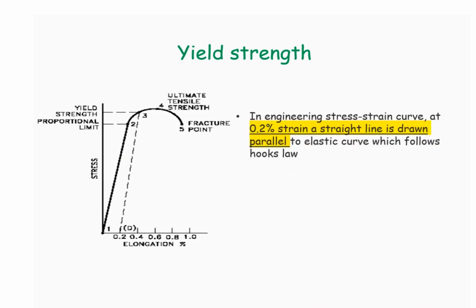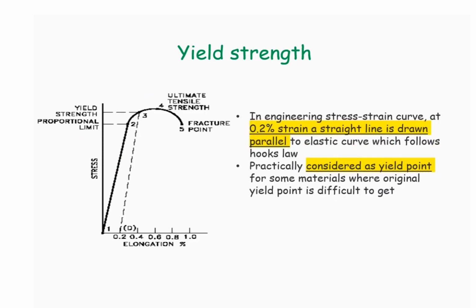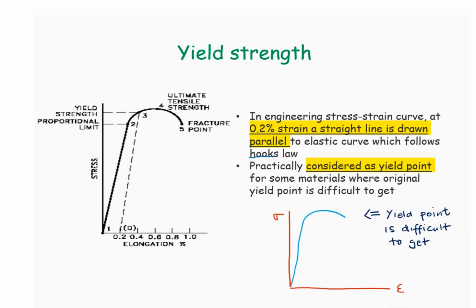So now we're going to talk a bit about the yield strength. In the engineering stress strain curve, at 0.2% strain, a straight line is drawn parallel to the elastic curve, which follows Hooke's law. This is called the 0.2 offset method. It is the method used when the exact point is hard to identify, like what we can see in the figure here.